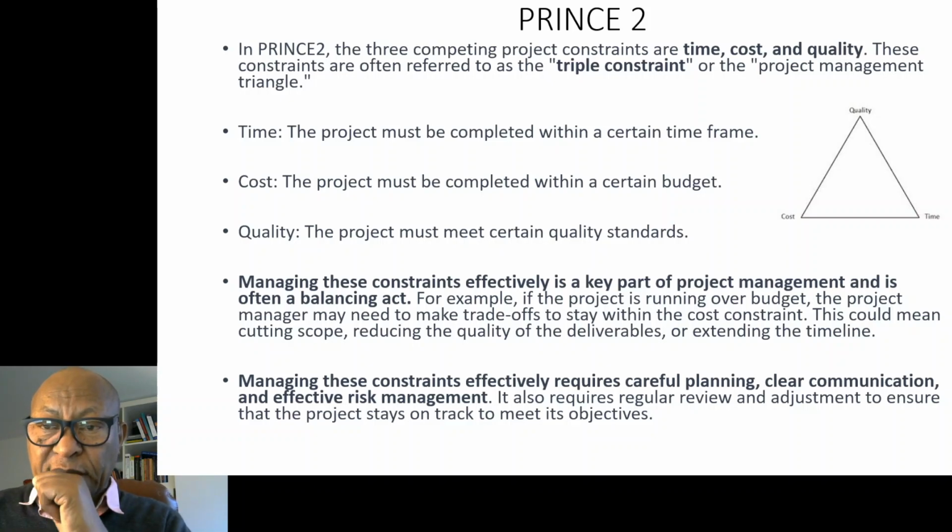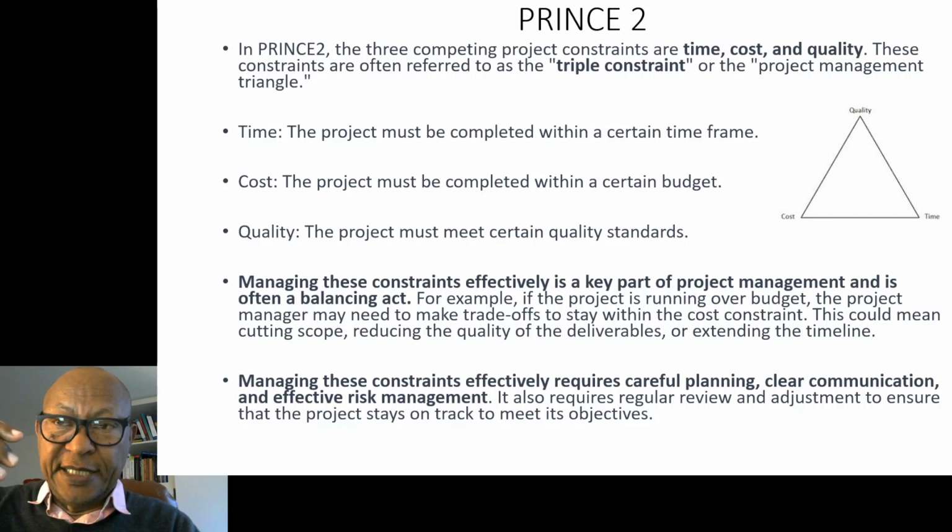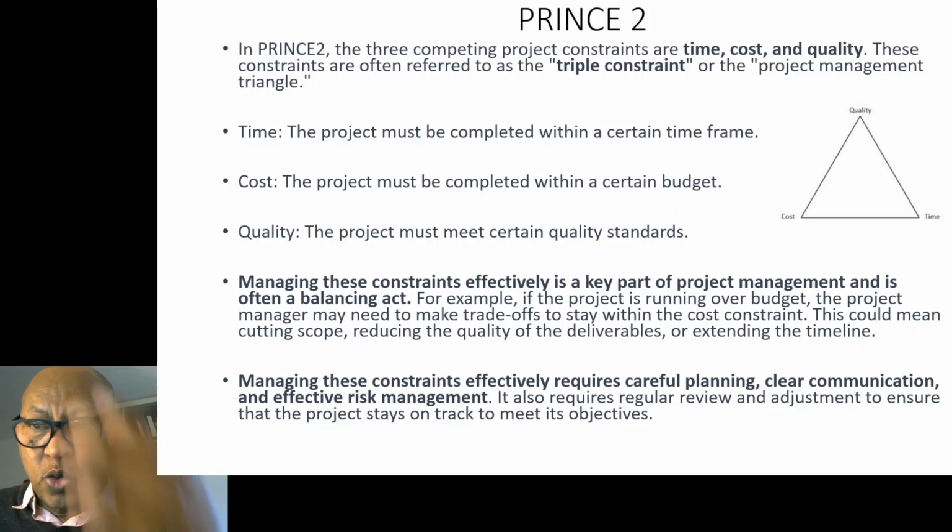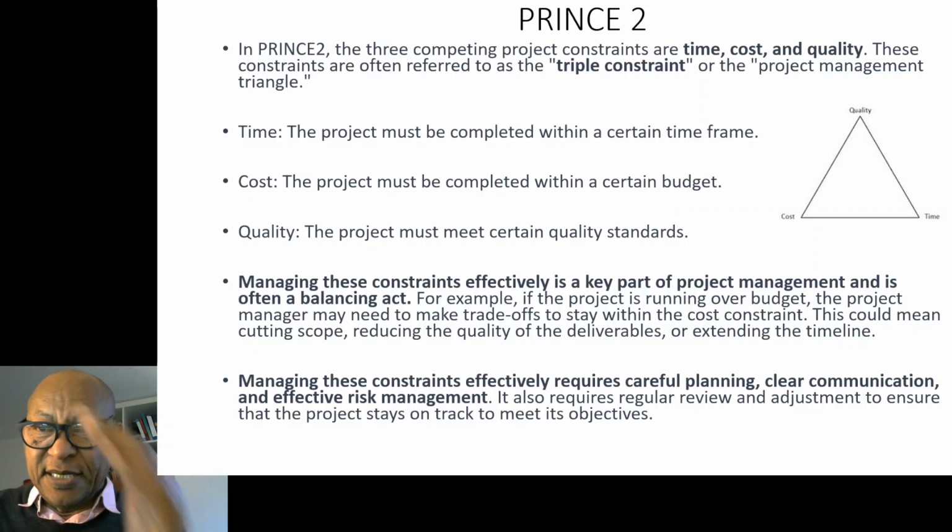At the beginning, we define the project: we're going to complete it in this amount of time, it's going to cost this much, and we're going to produce it with this quality. Once it is defined, that is the triangle.